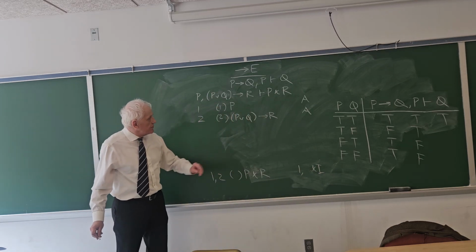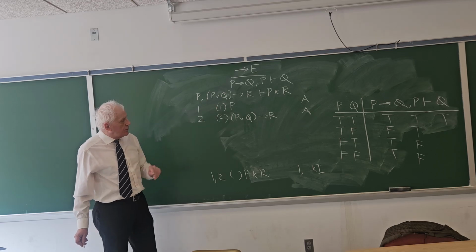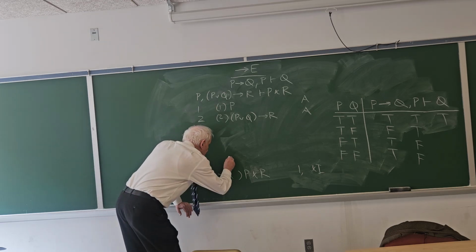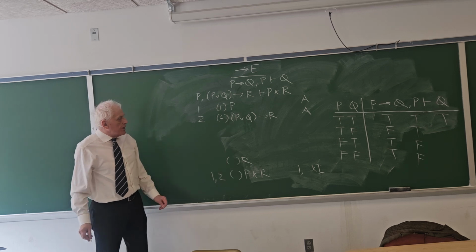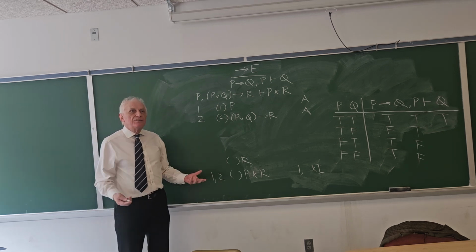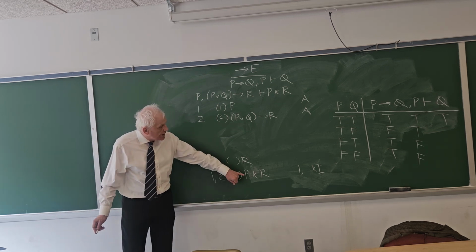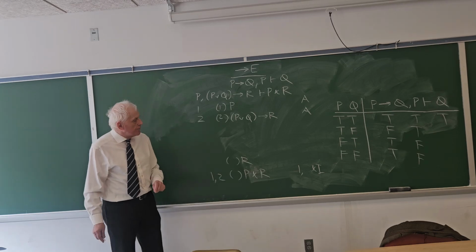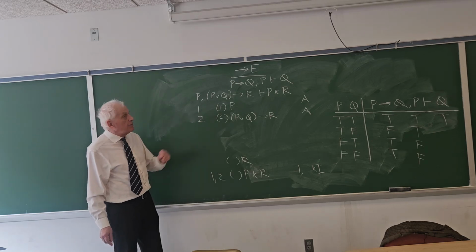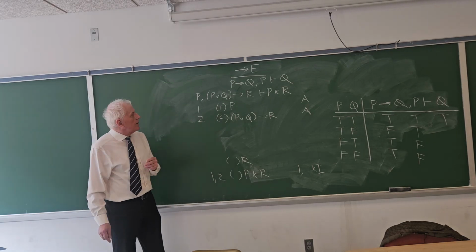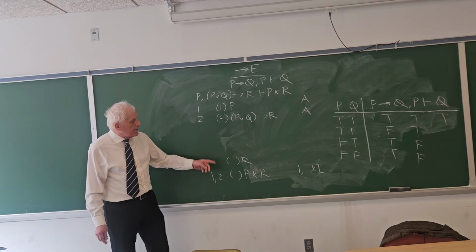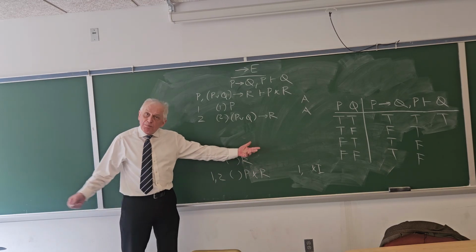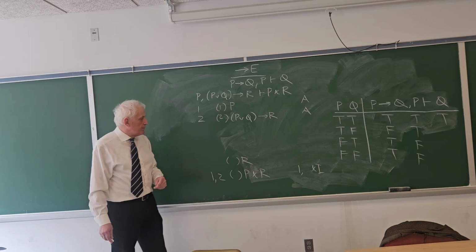And all we need then is the right conjunct, R. So when we begin, we think, okay, we have to prove both P and R. Then we look at our premises and we see we already have P. So really, the job is just to prove R, and then we can put it together with P by ampersand introduction to make both P and R.